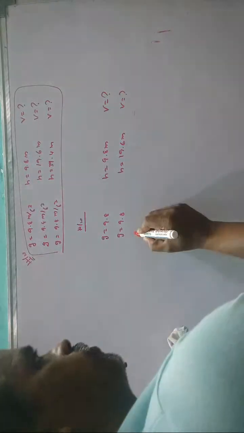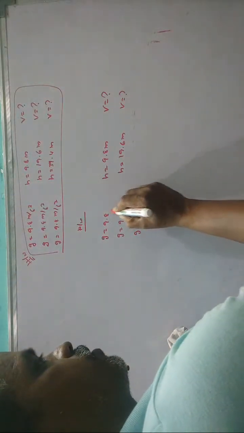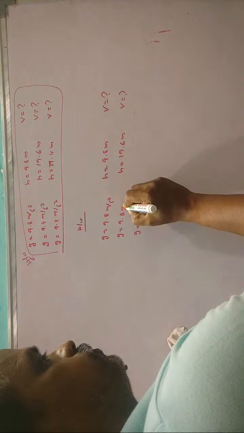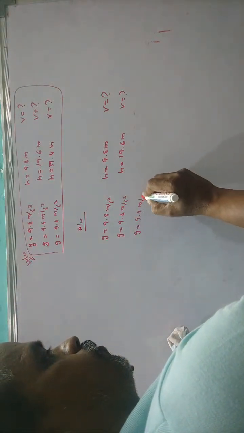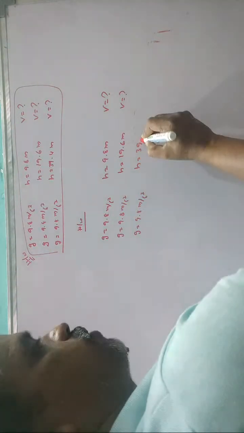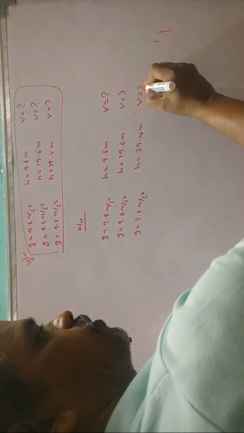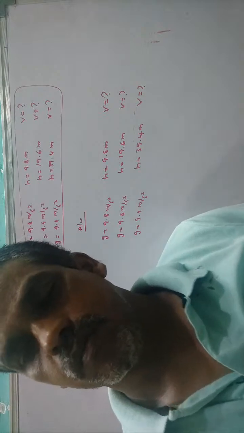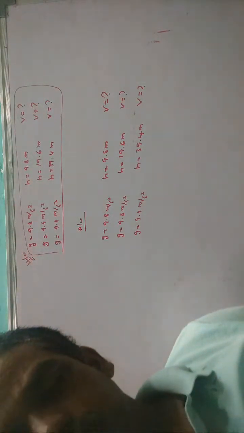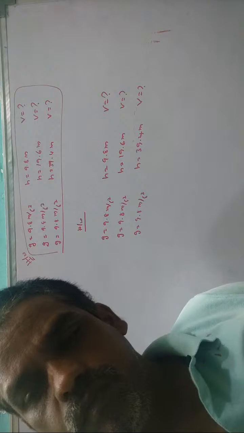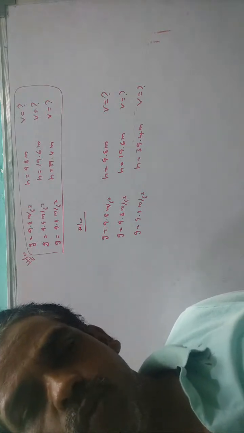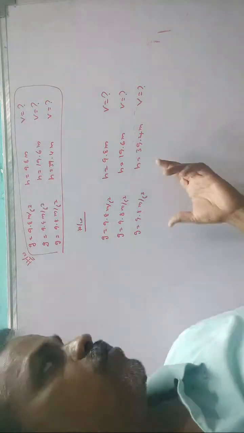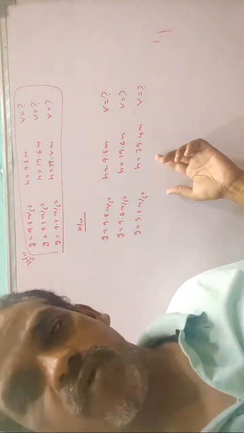What is v? g equal to 9.8 meter per second square, h equal to 39.4 meter. What is v equal to? You just copy these things. Is it visible now? Come on, do. Just copy it and do the problems. Homework for you.